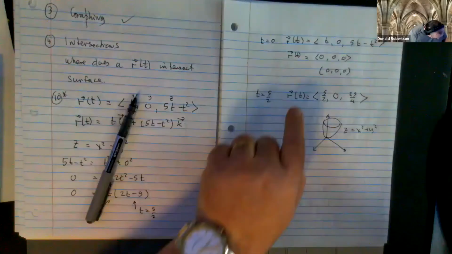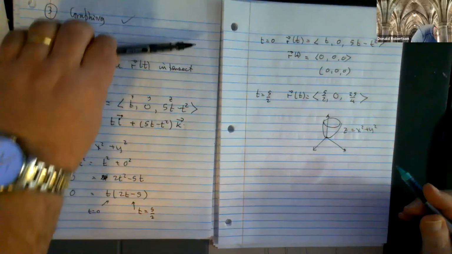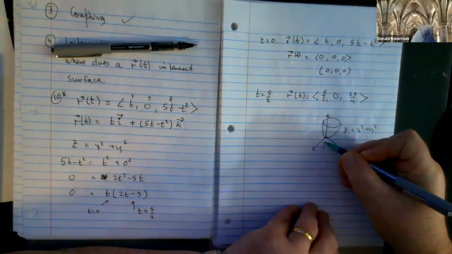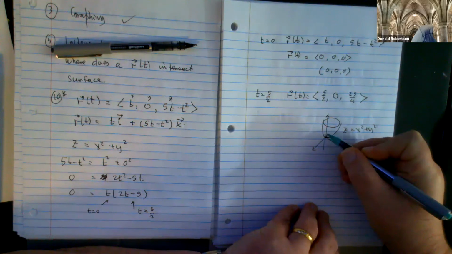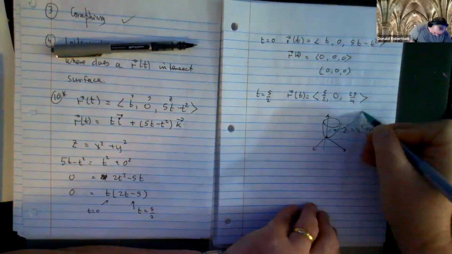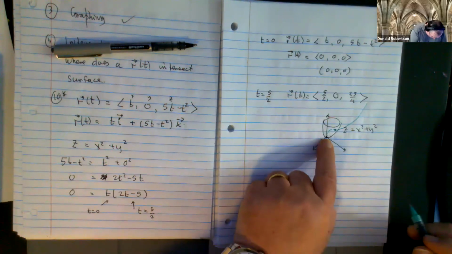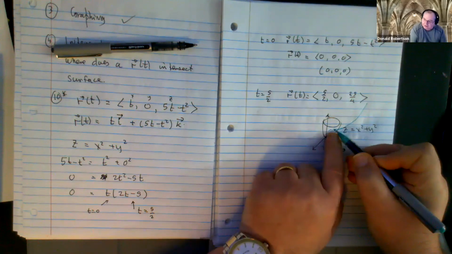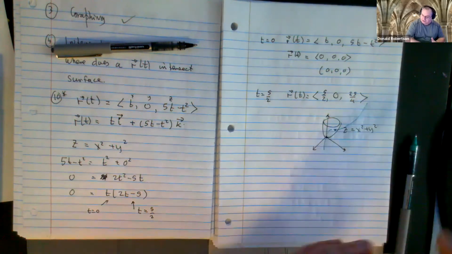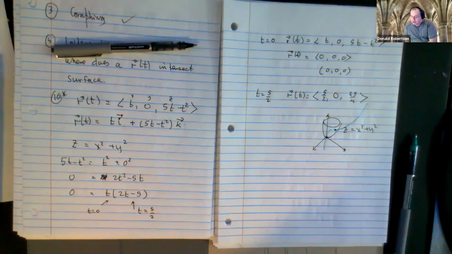And this space curve that we've got here, can you imagine that it comes in, hits it at the origin, and then pops out here, and that's the 0, 0, 0, and that's the other one, right? So in this case, can you imagine a space curve could meet up with a curved surface many times? Agreed?